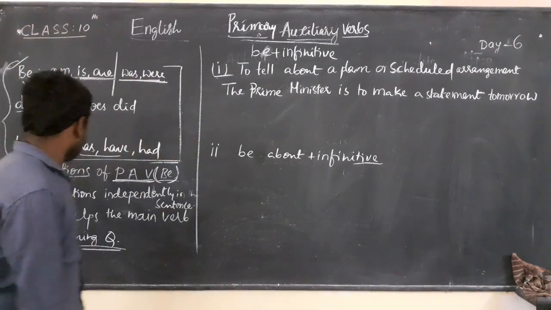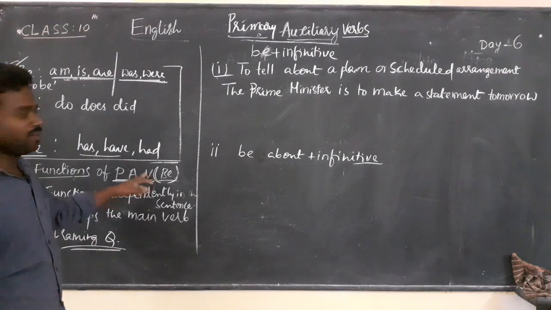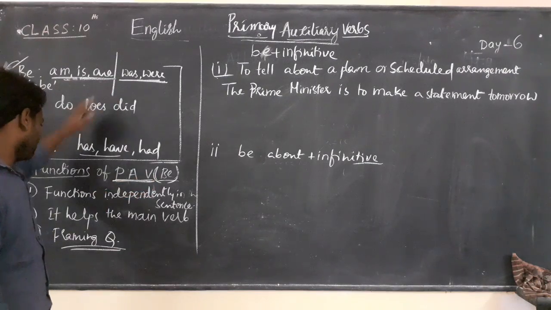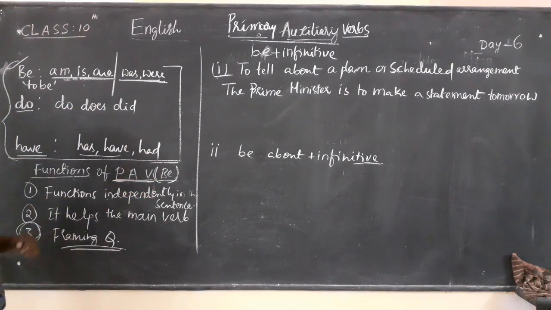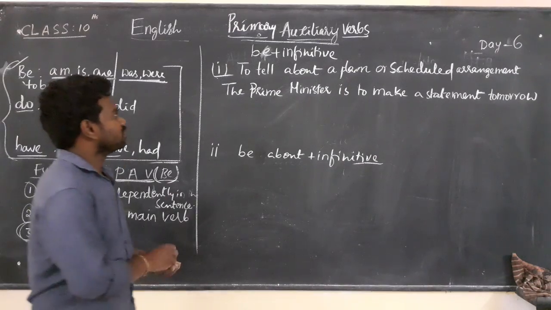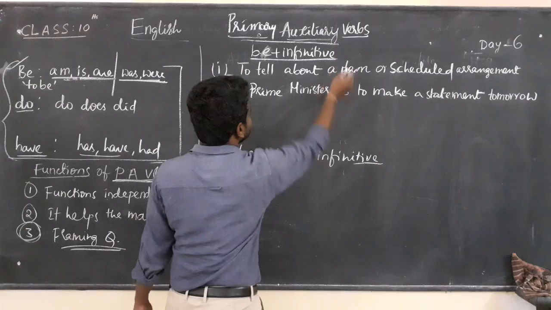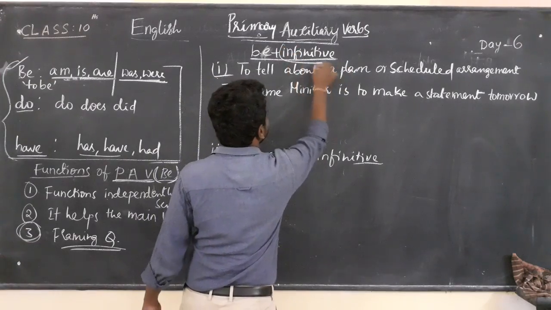Okay, children, here you have learned the functions of primary auxiliary verbs, especially be forms. They function independently in the sentence; second, they help the main verb; third, framing questions. Now for other uses, be plus infinitive form. What is meant by infinitive form?